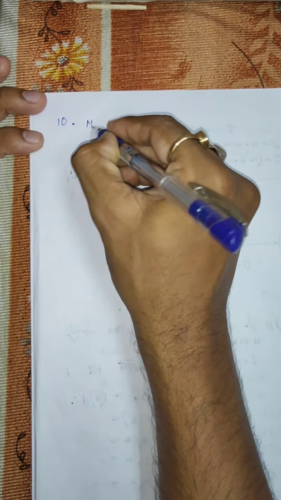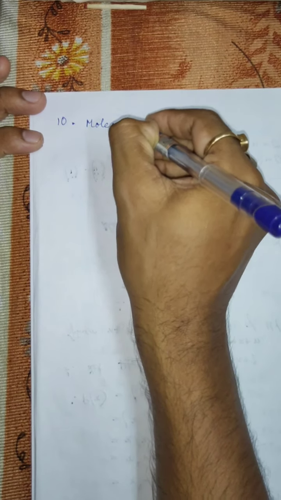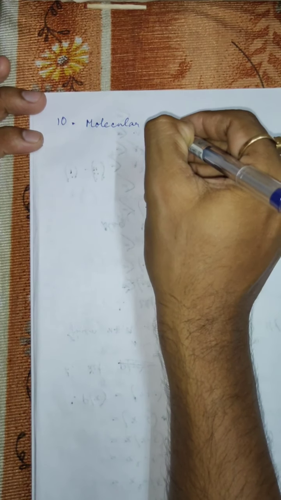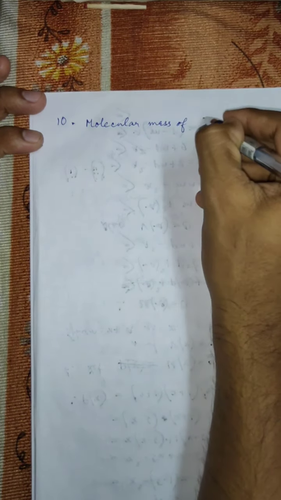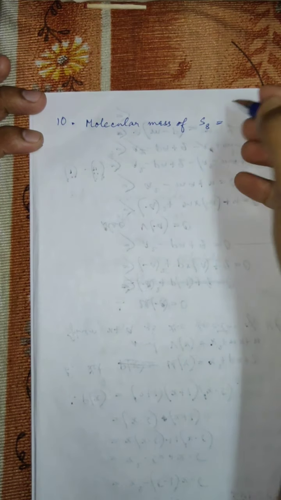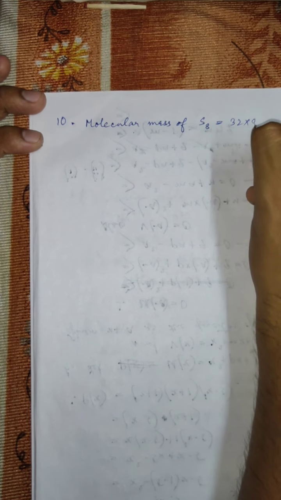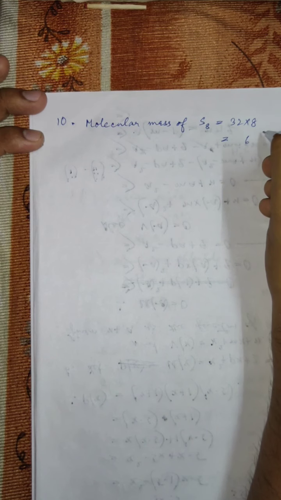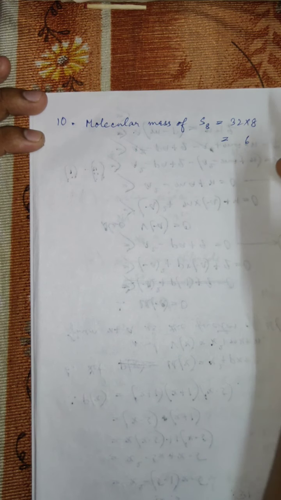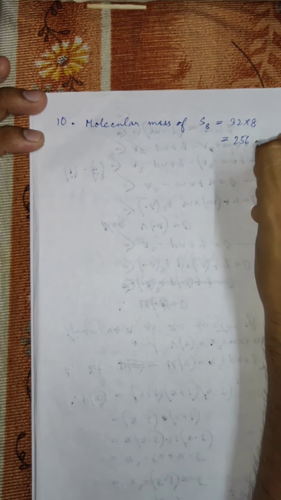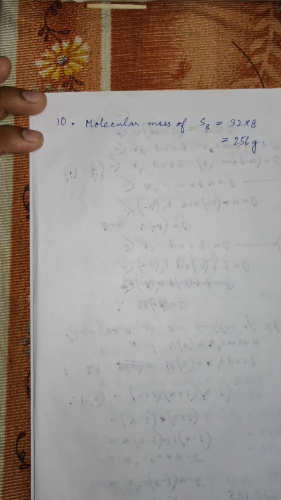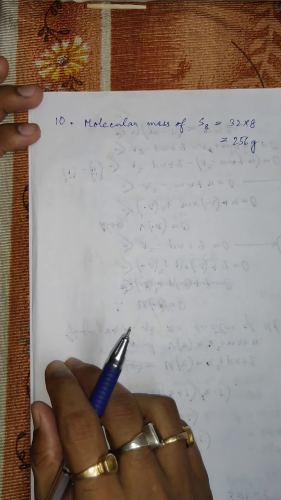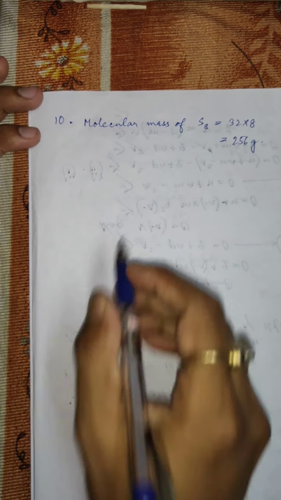So first you find molecular mass of S8, which is equal to 32 into 8. Okay, 256 gram.